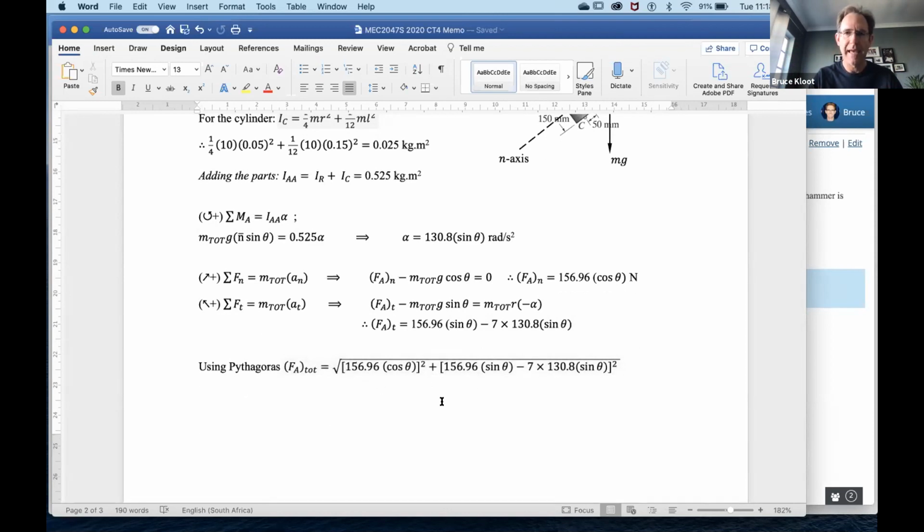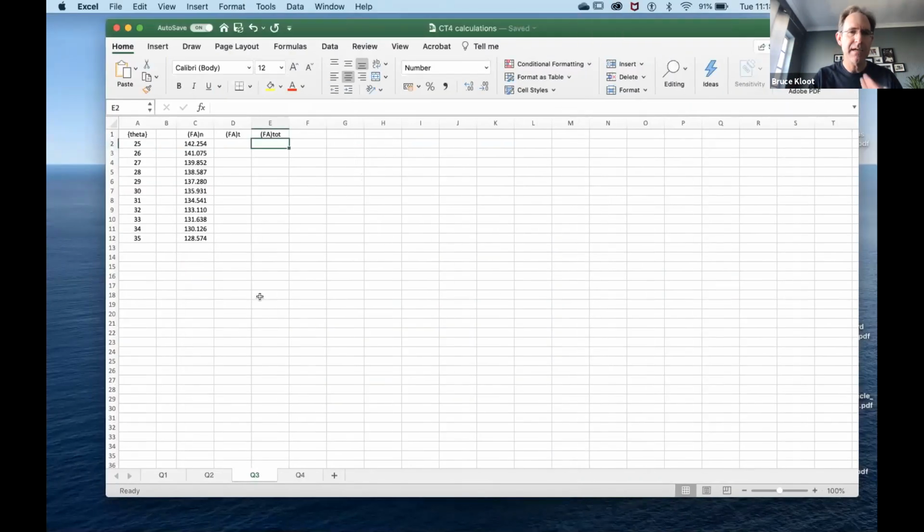And what I find to be helpful is if you actually just use Excel, because you want to make sure that the final value that you have, so for me it's the total force at A, works for a range of variables. If you just do it straight in calculated questions, it's quite difficult to know if that range is going to work.